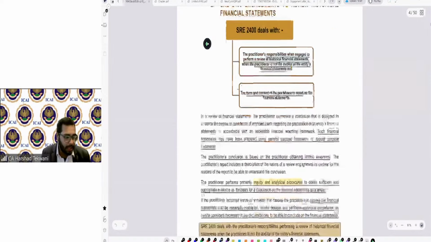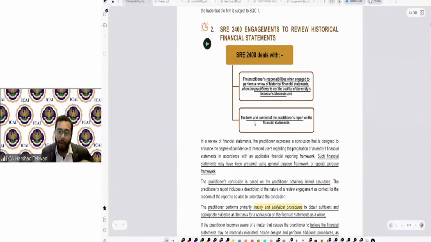So then what we discussed in SRE 2400. The way we have auditing standards and their requirements, on similar lines we have SRE and its requirements. The only difference we saw was that in auditing standards we have separate, different standards.